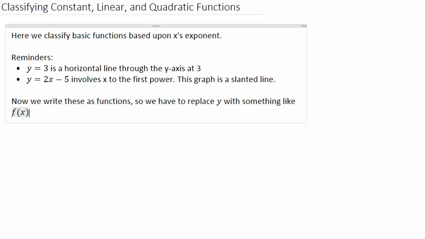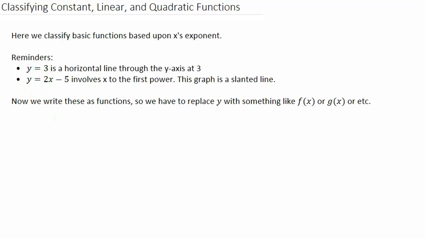It could be g of x, h of x, etc. It doesn't matter what we replace it with, just a function notation.